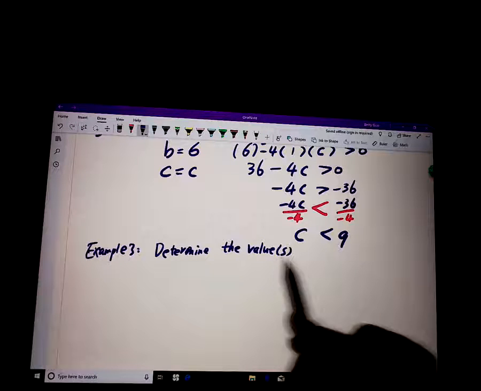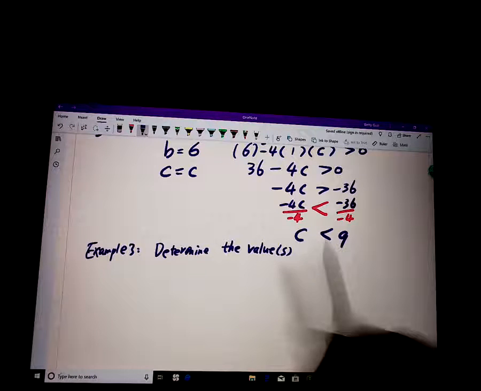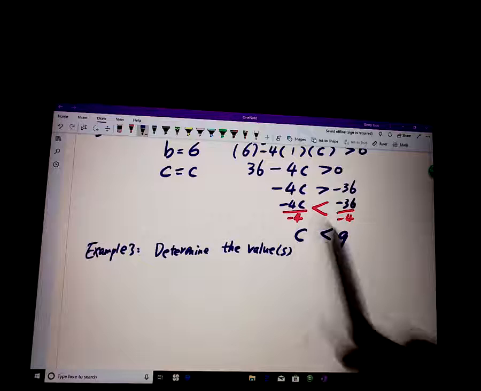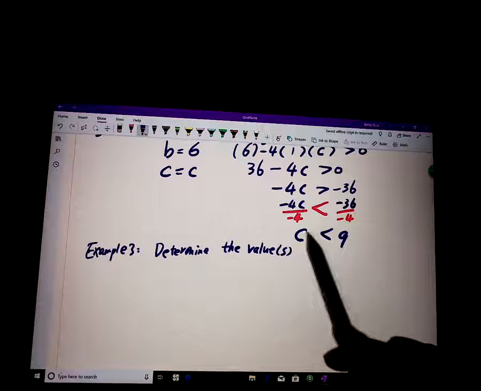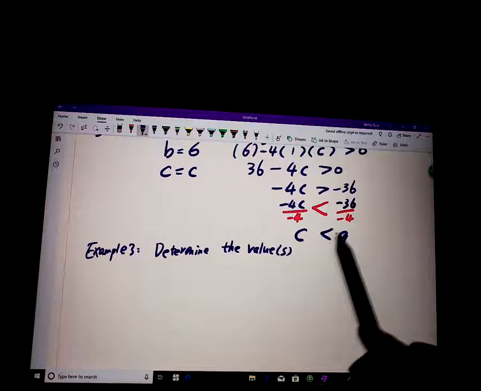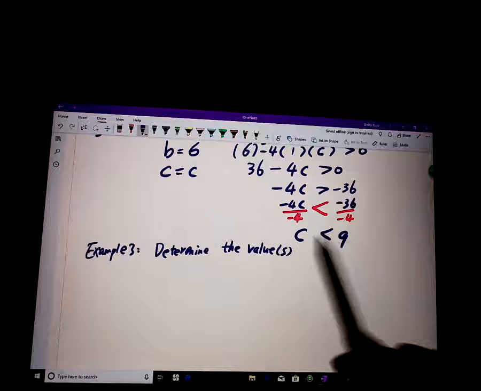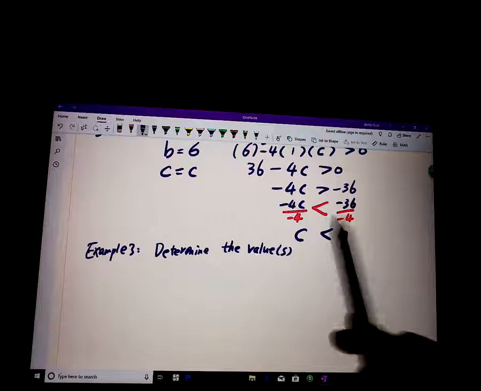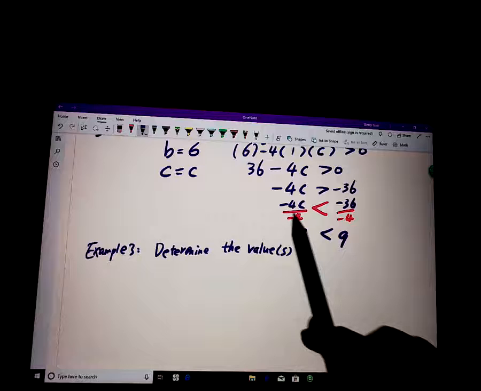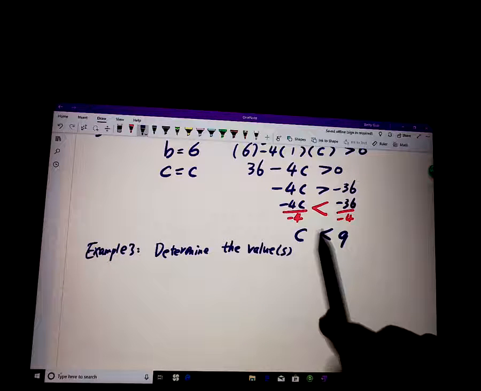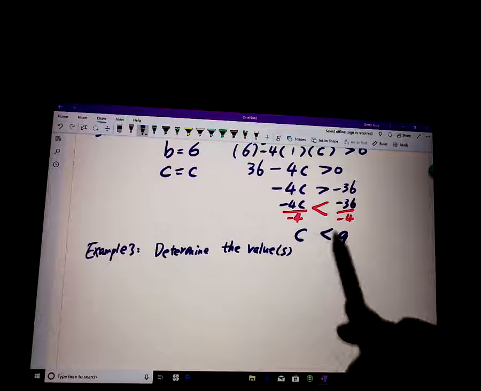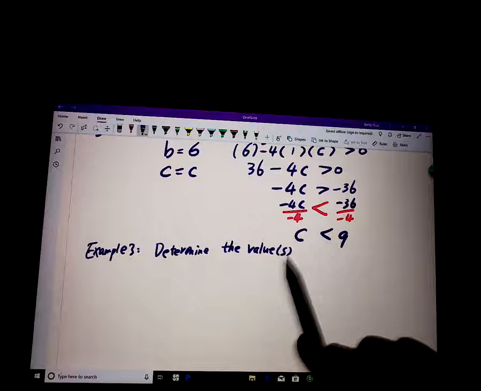Now you understand why we have a plural here. As you saw in the previous example, any value of C, as long as it's less than 9, would be okay. So 8 is okay, 7 is okay, and there are infinitely many, uncountably many values for C. Or 8.999. So that is a plural.